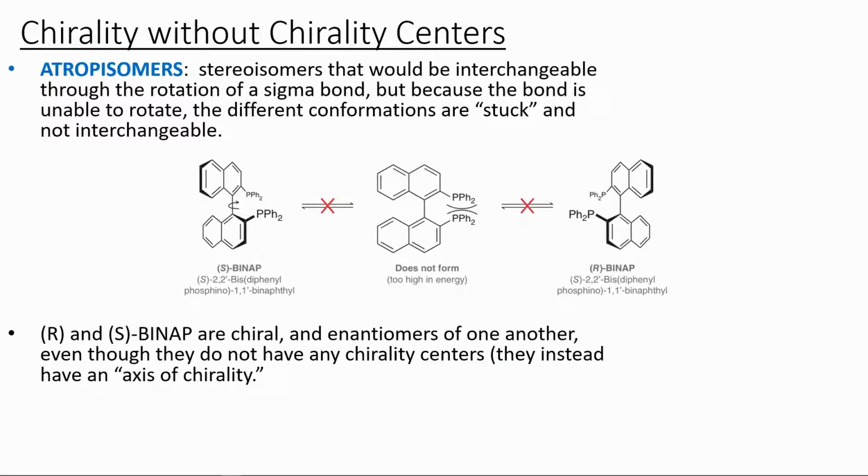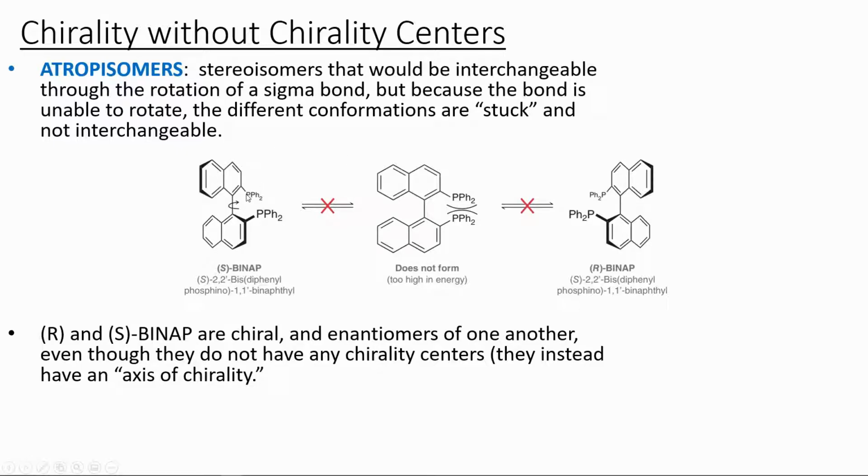There are some molecules, though, that are locked into a single conformation, and these are called atropisomers. These are stereoisomers that would be interchangeable through a rotation of a sigma bond, but the bond is unable to rotate. So for example, in BINAP here, if you look at this bond, it's a sigma bond, so we would expect free rotation to be able to occur.